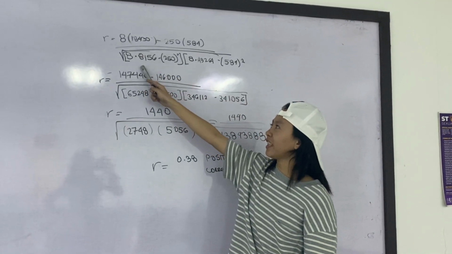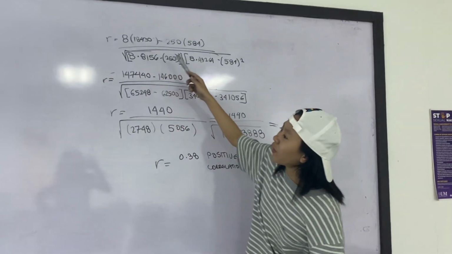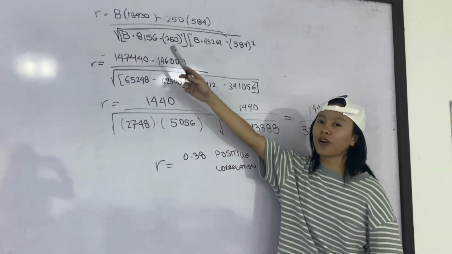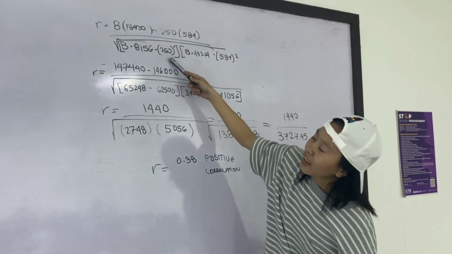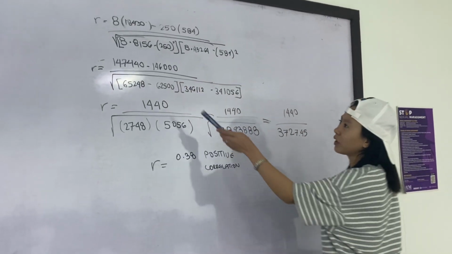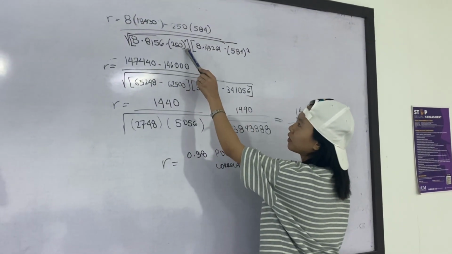Our N is 8, times the sum of X squared, that is 8156, minus the sum of X, that is 250, then squared.